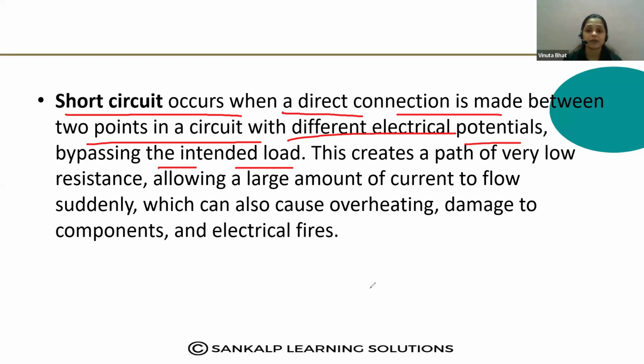It can also occur when the live wire and neutral wire come in contact due to loss of the insulation on them. Here the current flow suddenly increases, which can cause overheating or damage of the components and electrical fires.